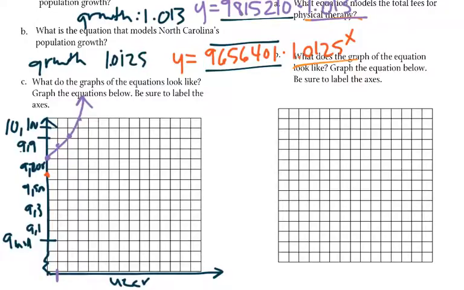9,656,401 times 1.0125. Okay. We'd go up to 97 after the first year, right about there. Then we'd go up to 9,800,000.